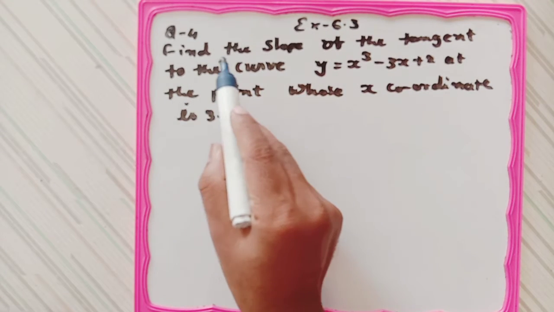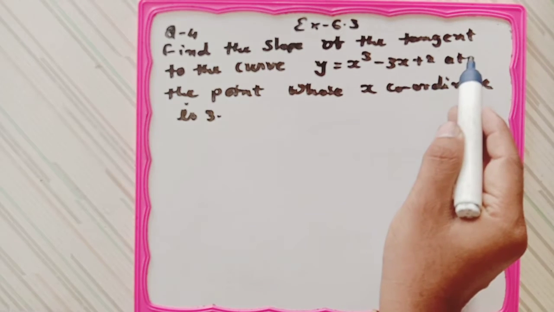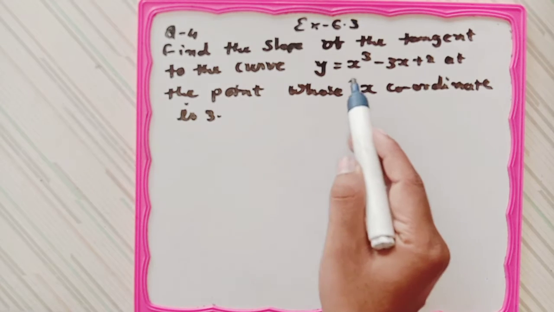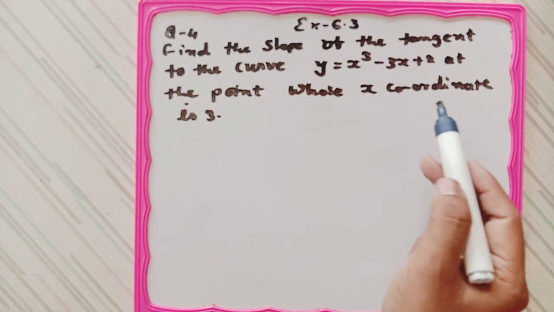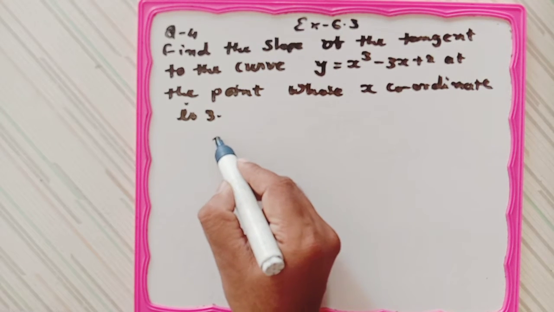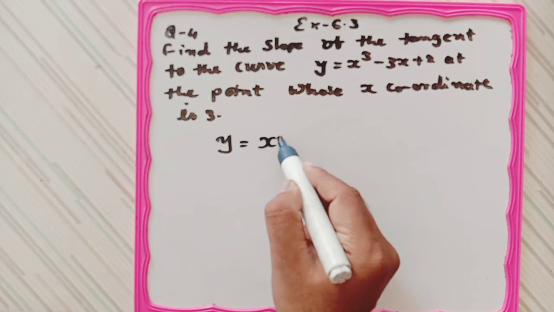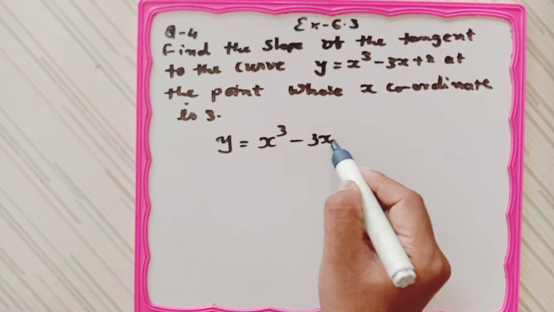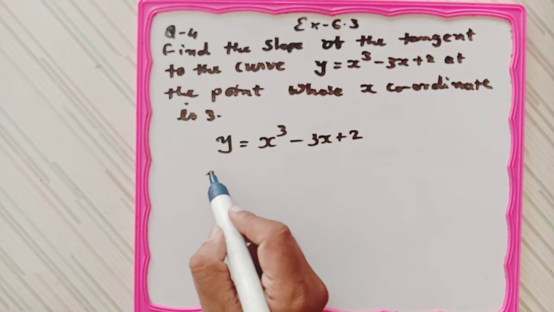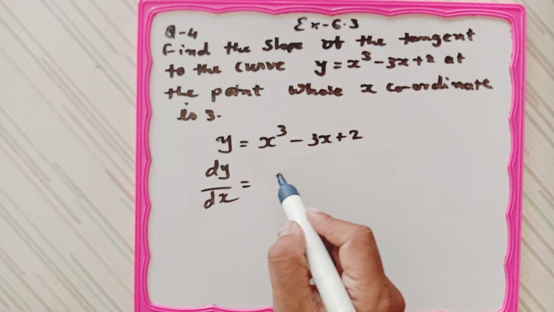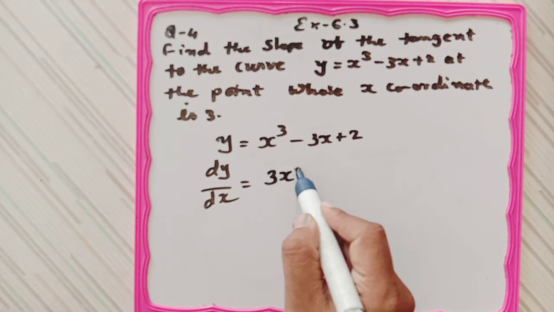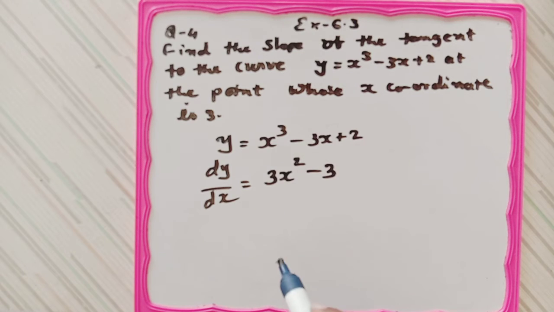Question 4: find the slope of the tangent to the curve y equals x cube minus 3x plus 2 at the point whose x coordinate is 3. So we are given the curve y equals x cube minus 3x plus 2. We differentiate with respect to x, and dy by dx is equal to 3x square minus 3.